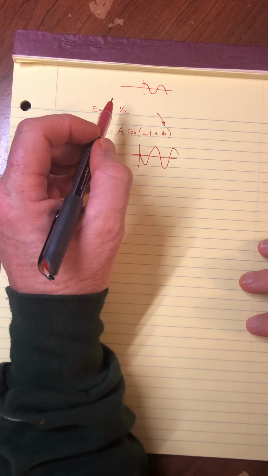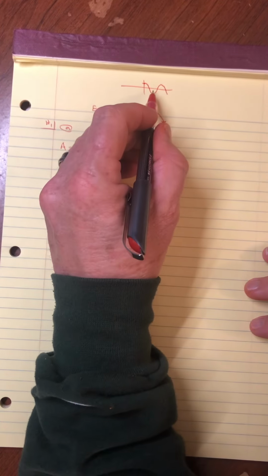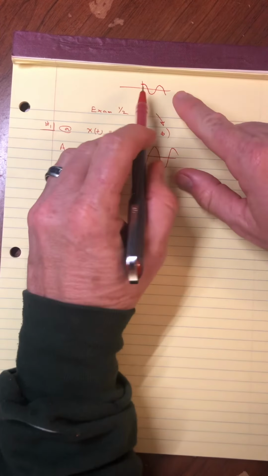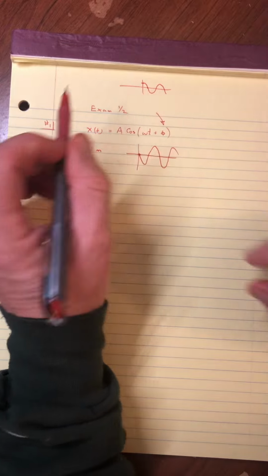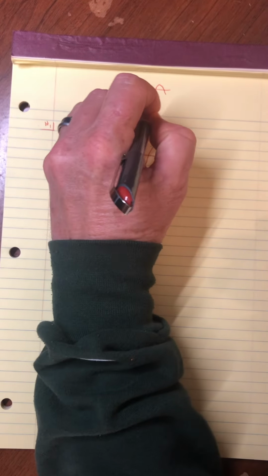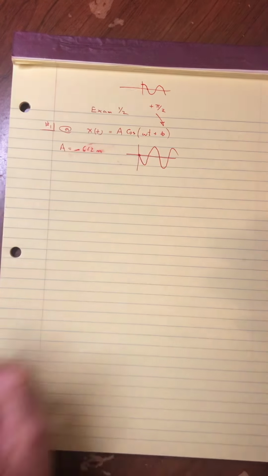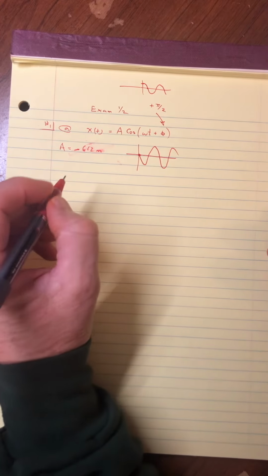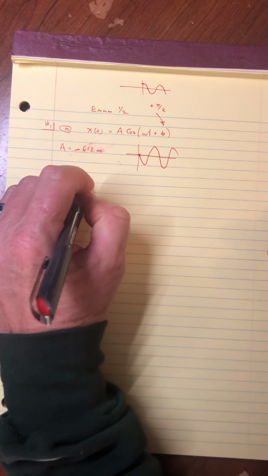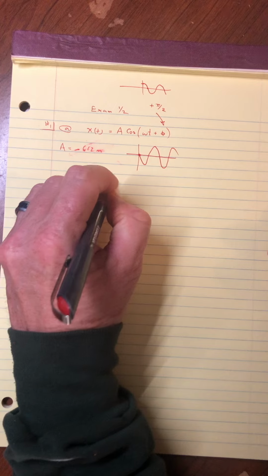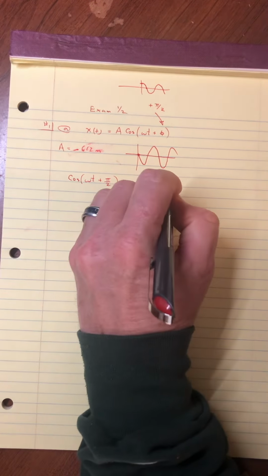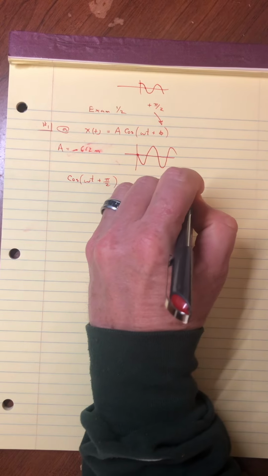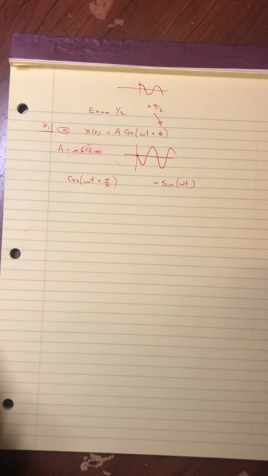And if you then shift it to look like this, you're shifting the function left by pi over 2. So a plus pi over 2 would be the phase shift. So you can write this as either cosine of omega t plus pi over 2. I think it would be better just to write it as a minus sine omega t. That might be the better option.